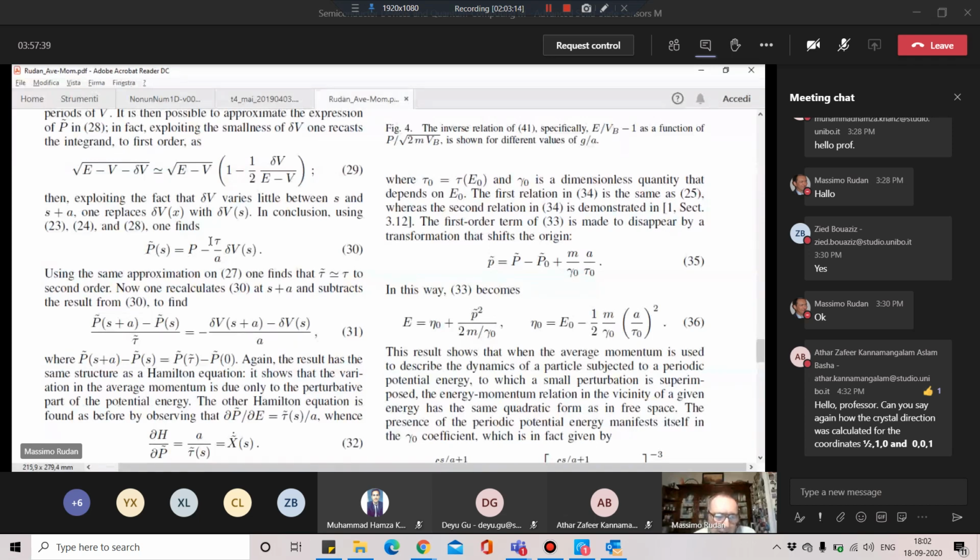Now we do another little calculation, okay? You see we have formula number 30. We recalculate formula number 30, replacing S with S plus A, here and here. And then we subtract, okay?